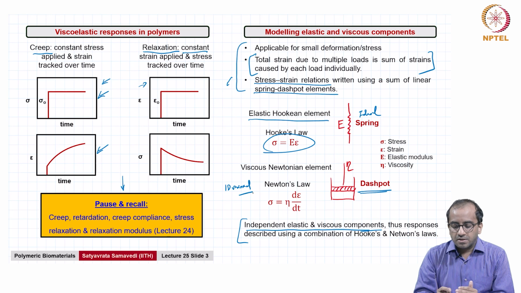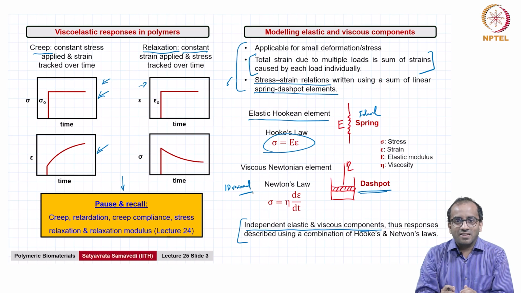But that's a subtlety that we will not quite worry about for the purposes of this lecture, because our goal, remember, is to understand linear viscoelastic modeling in the context of polymeric biomaterials. But again, it's one caveat that you will have to keep in mind as you look through the equations that we are going to be deriving in the rest of this lecture.